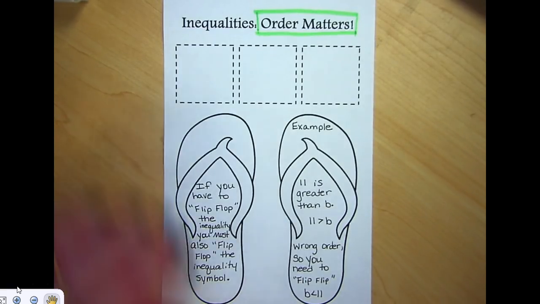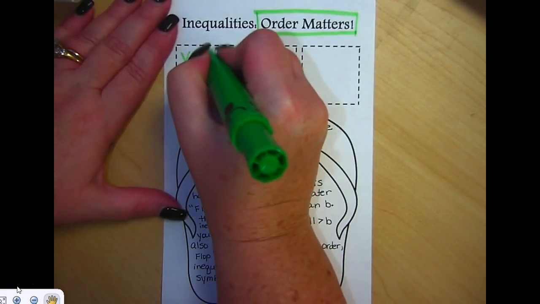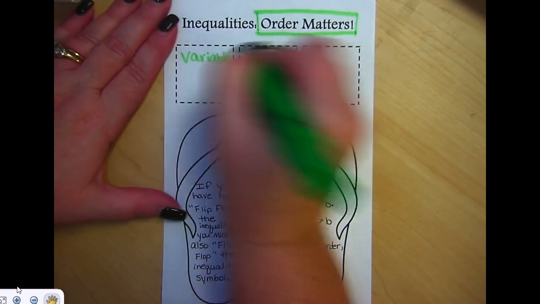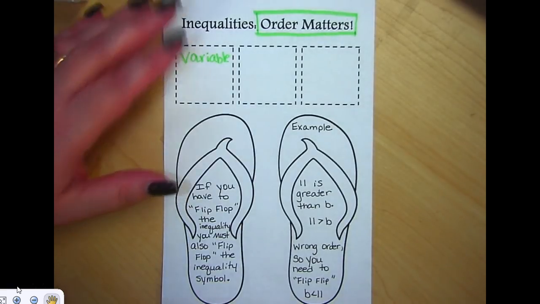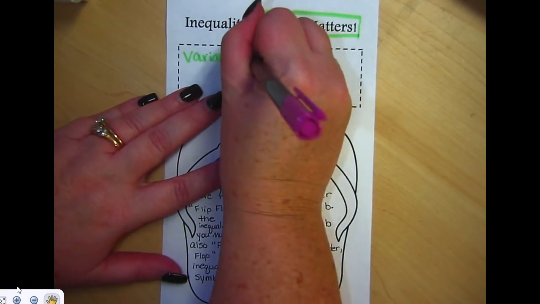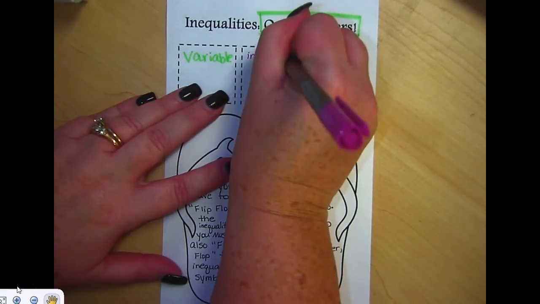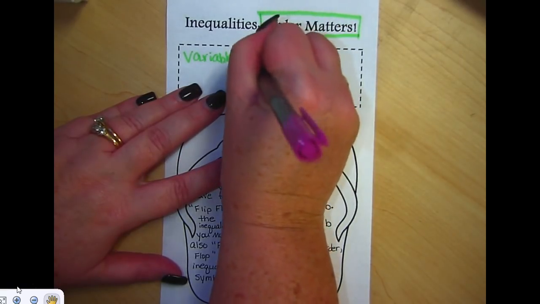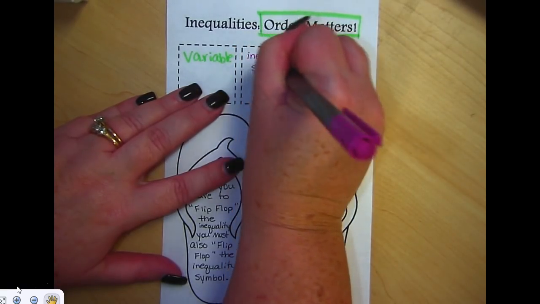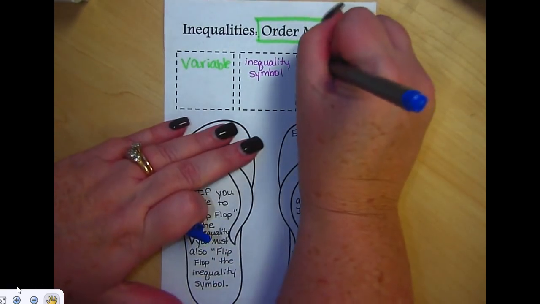Your order always has to be the variable. Your inequality symbol comes next. And last is going to be your constant.